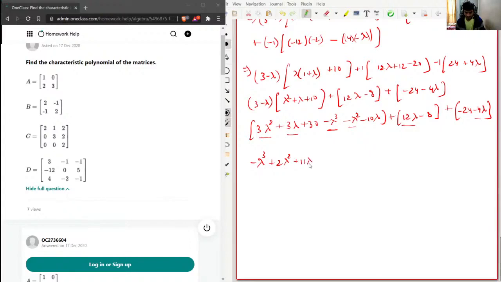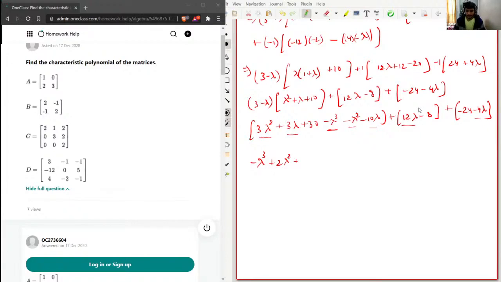I hope this is correct. I can definitely make a calculation error. And this will be 30, oh sorry, we had a negative 10 also here. I knew that I am going to make a mistake. So 3 minus 10, so this will be minus 7, and then we have plus 12, so minus 7 plus 12 will be 5.